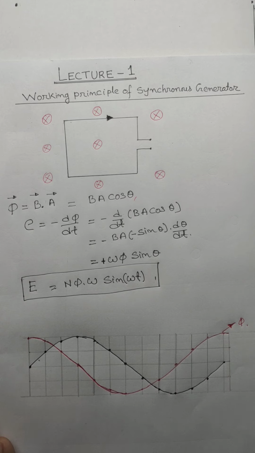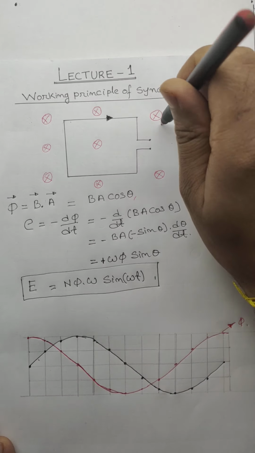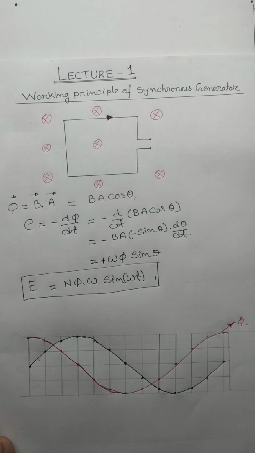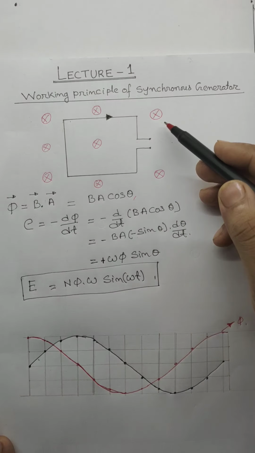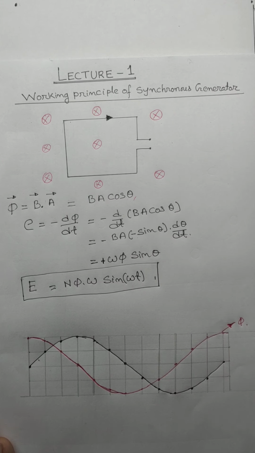Now here the direction of flux in this diagram is from top to bottom, and the coil is placed in the plane of the paper. It is easy to understand here how theta is changing, or how the angle between the area vector and the flux is changing.